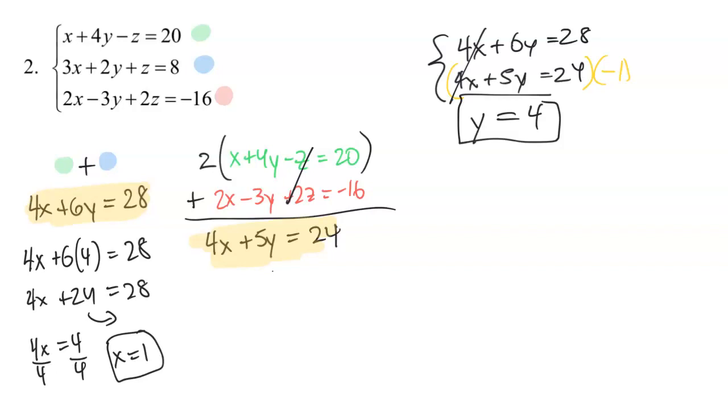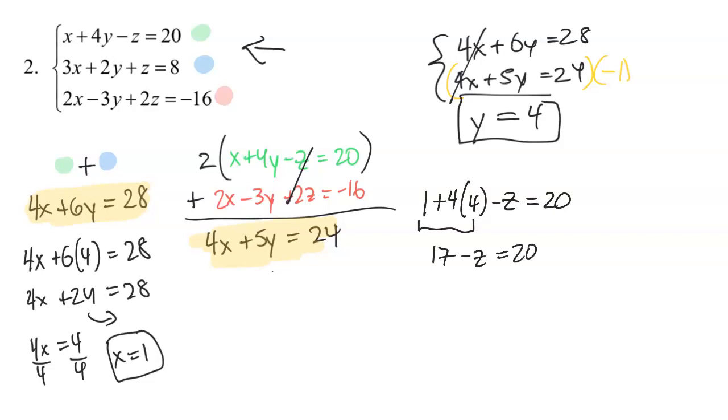Now that we have the values of x and y, we can go back into one of the three original equations in order to solve for z. If we just pick the first one, we're going to have x, which is 1, plus 4 times y, which is 4, minus z is equal to 20. This gives me a total of 17 minus z is equal to 20.